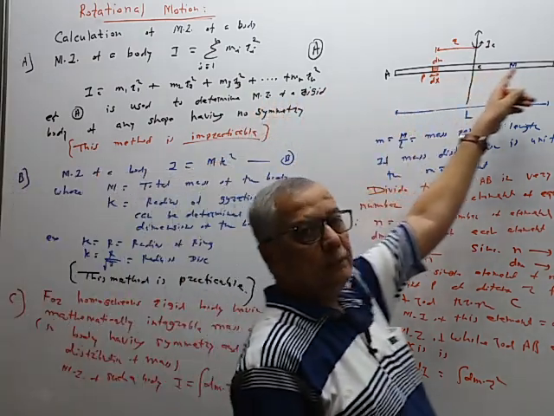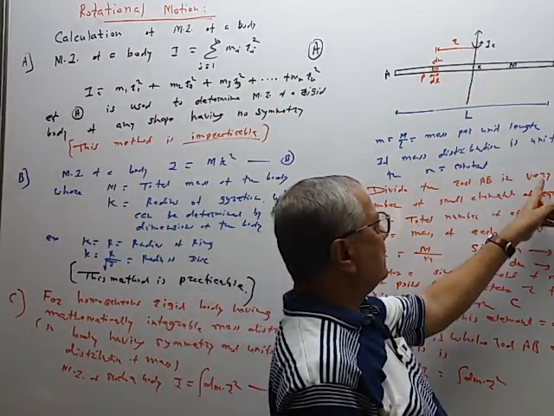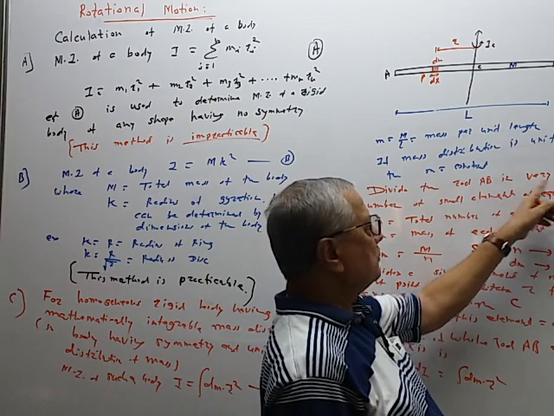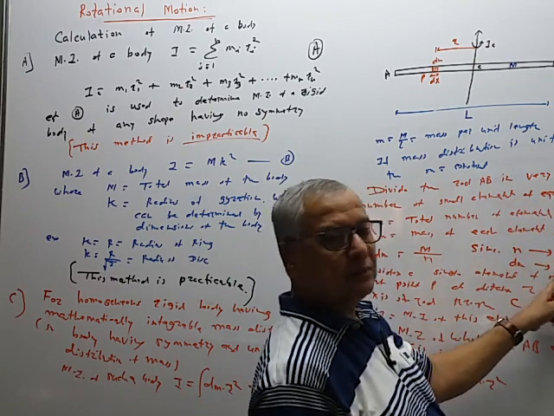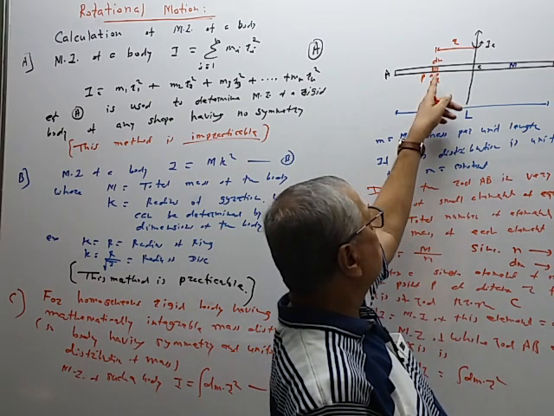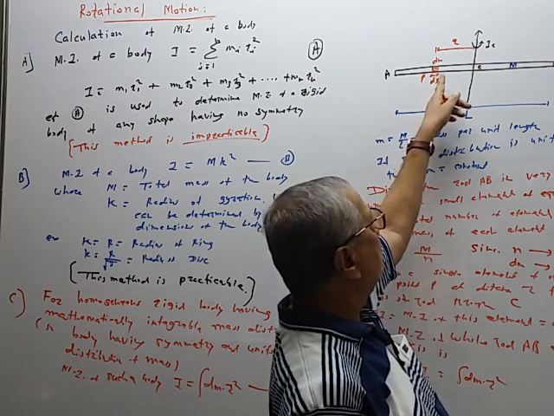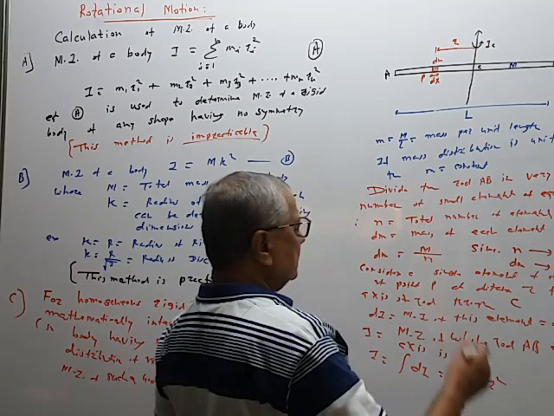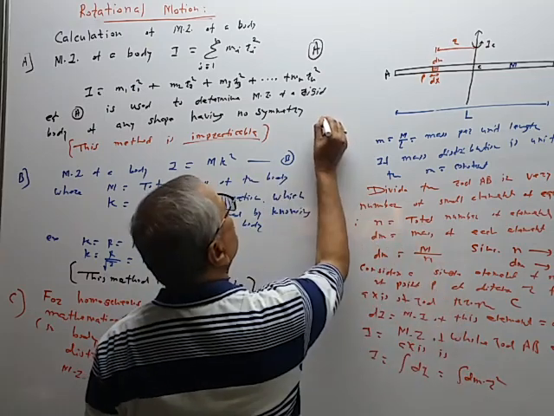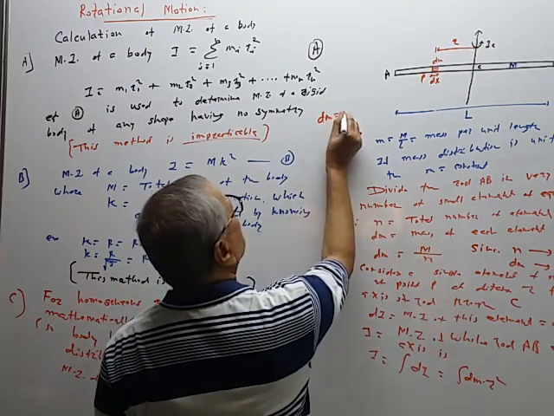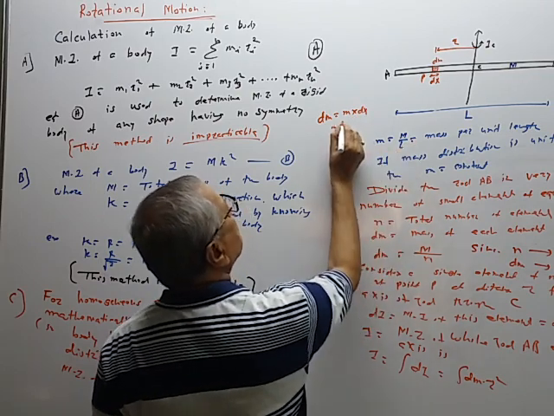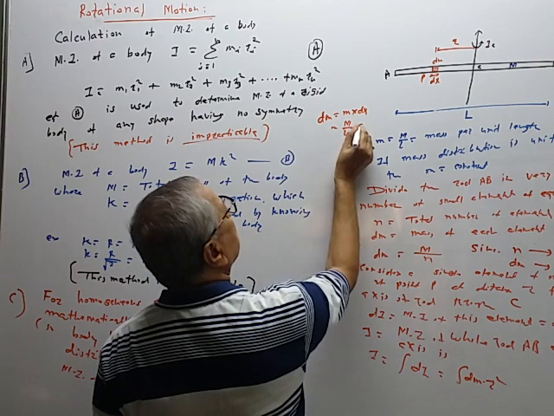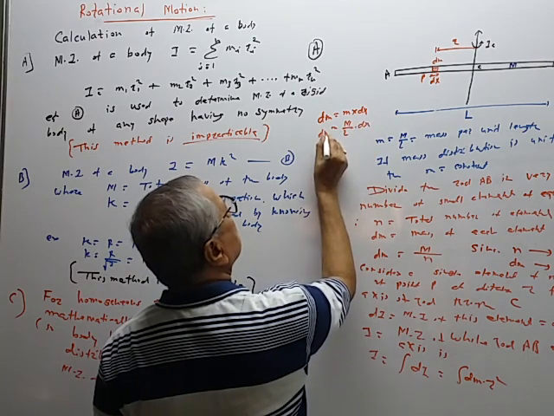Divide the body into the very large number of element. Number of element is very large, therefore mass of each element is very small, infinitesimally small. We can find this mass dm. या dm की वैल्यू कशी करता येईल त्याचं एक्सप्रेशन इथे बाजूला देतो मी. dm is equal to mass per unit length multiplied by dx, and mass per unit length is given by total mass upon total length into dx, like this.